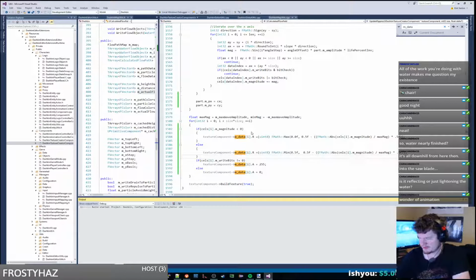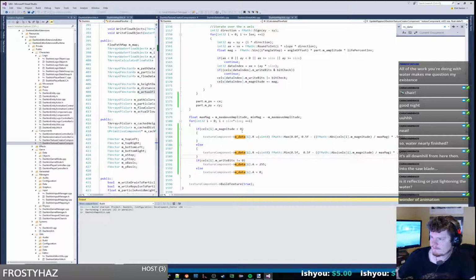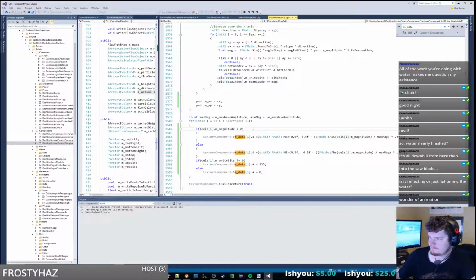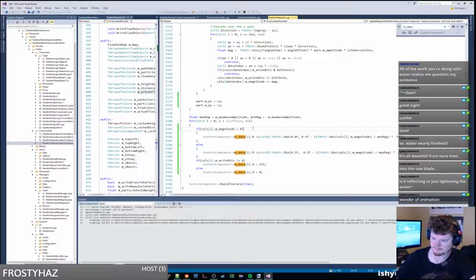Why don't we just see what we can do with this? So it should go from 0 to 1, and then we mask out by the A, and we can apply 1 color, and it should work, supposedly.